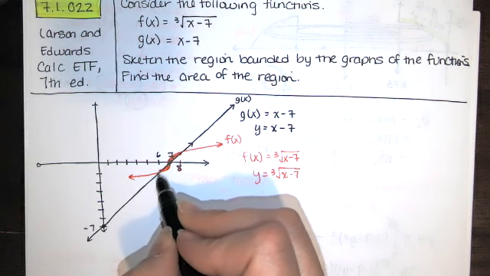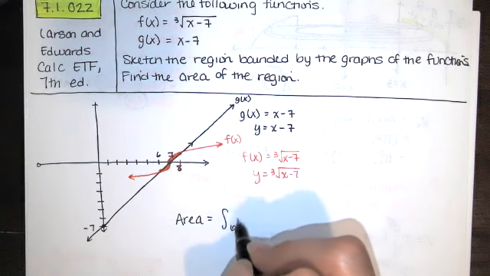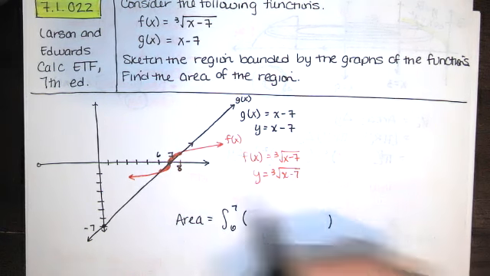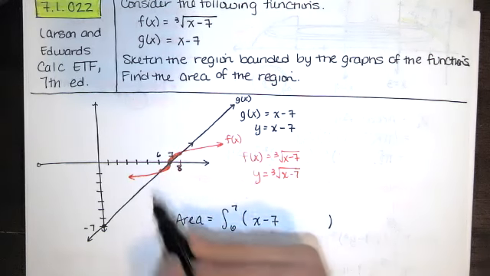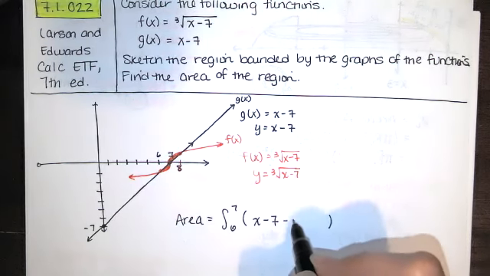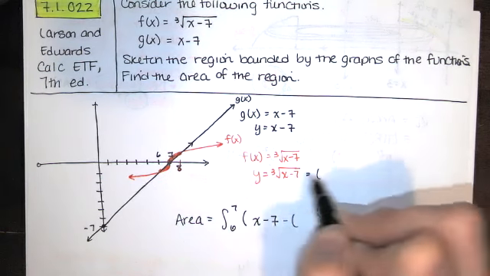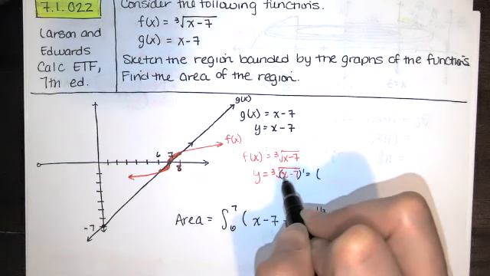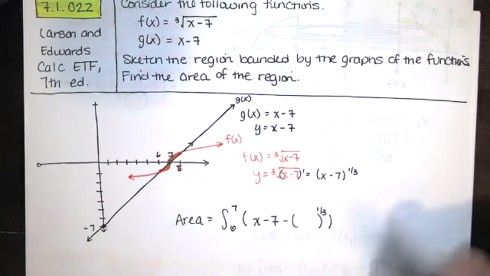On the region where x is between 6 and 7, the top function is the line, which is given by x minus 7, and the bottom function is the cube root function, which I'll write as a 1/3 power, because we know that a cube root is the same as this x minus 7 to the 1/3 power.